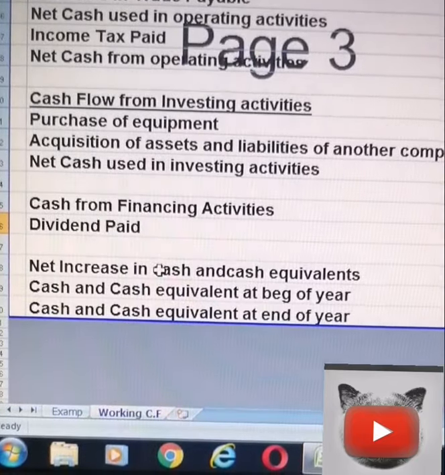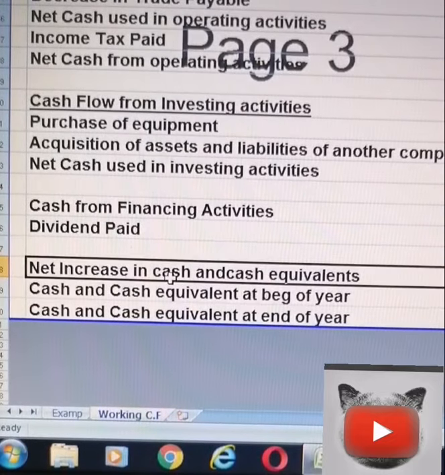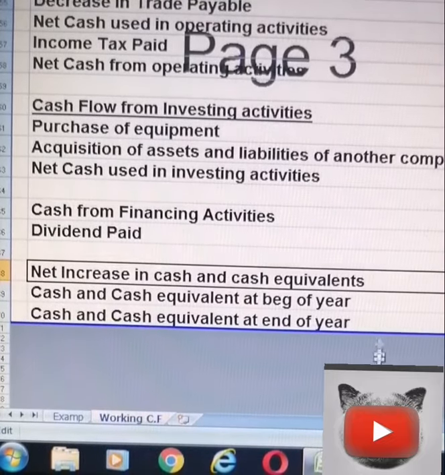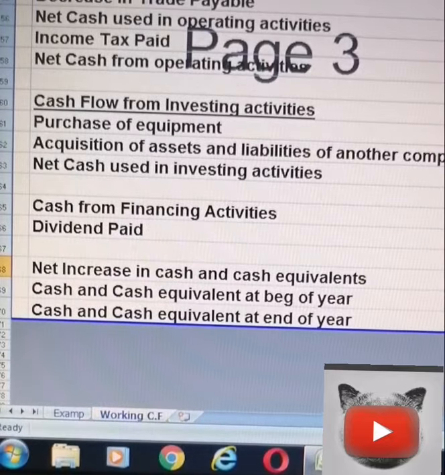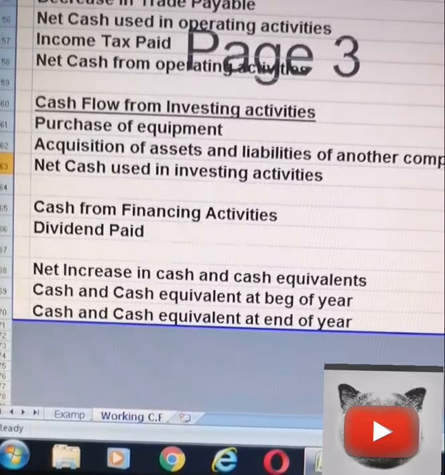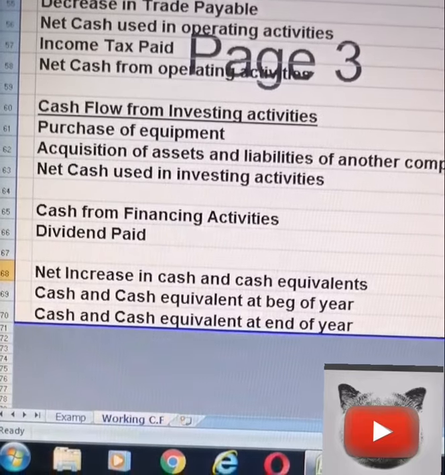Now net increase in cash and cash equivalents comes to 2 million, which is the net total of this 52 million, 30 million, 20 million. Net total is 2 million.